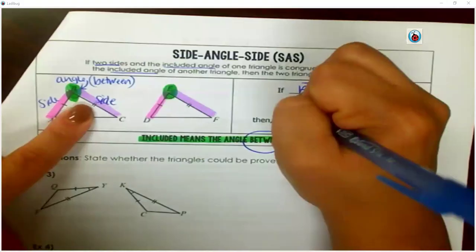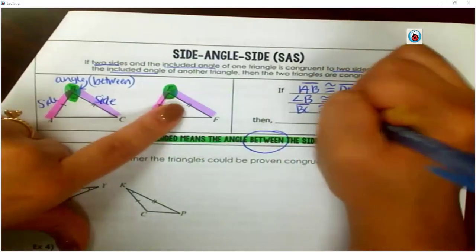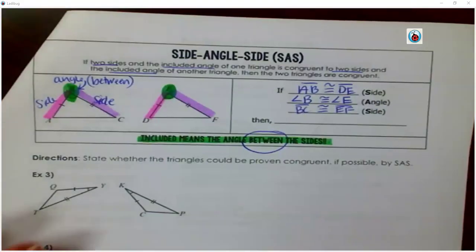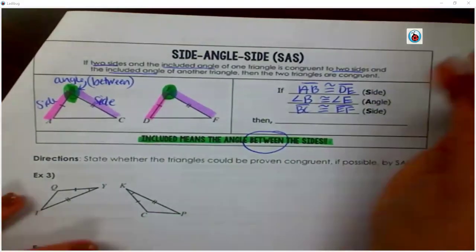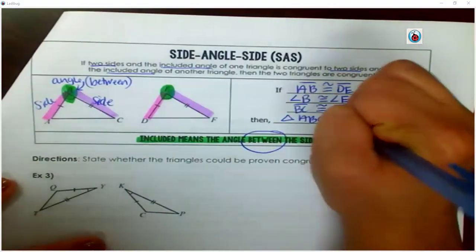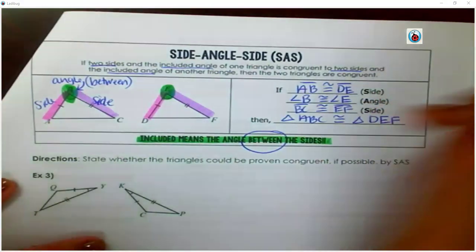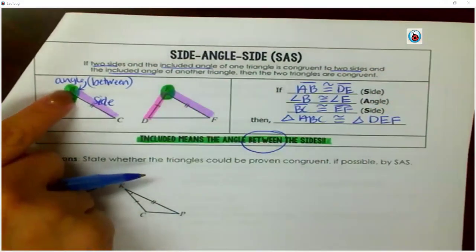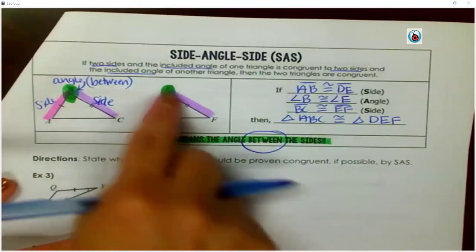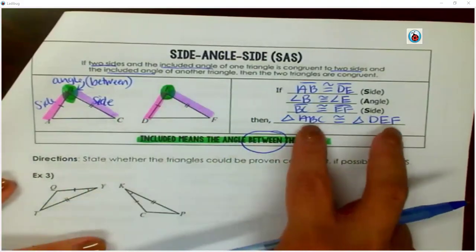So side BC is congruent to EF. Because these side angle sides are congruent, then triangle ABC is congruent to triangle DEF. Because I went pink angle side, pink angle side. Okay? So those have to be the order that those are written.